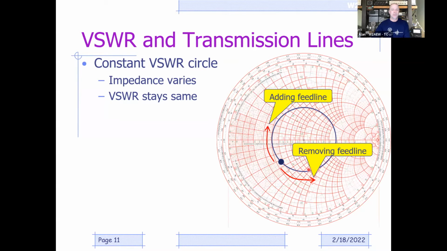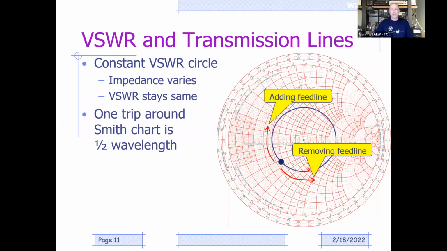What's interesting also is that one complete trip around this circle is essentially a half wavelength of transmission line length. So if I have a transmission line between my antenna and my transmitter, and it's exactly a half wavelength long, the impedance looking into the transmission line is going to be exactly equal to the impedance of the antenna feed point.